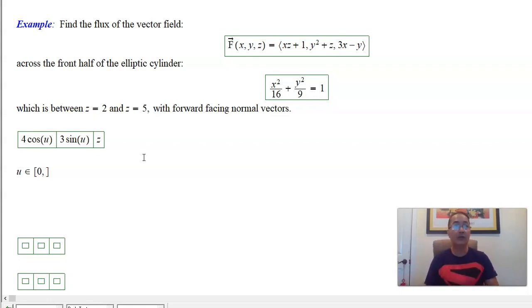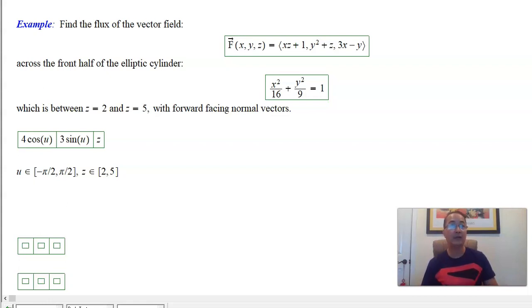So your angle should go between negative pi over 2 and positive pi over 2. And our z has to go from 2 to 5. Okay, so that's good. That is our parametrization.